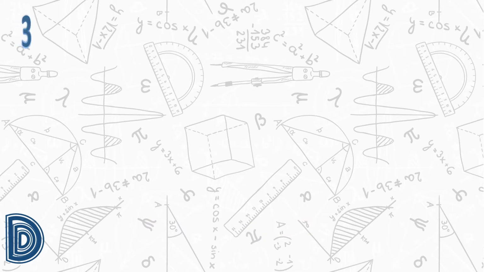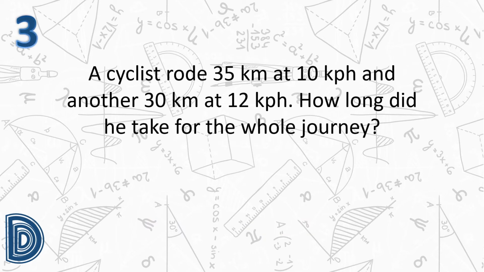Question number 3. A cyclist rode 35 kilometers at 10 kilometers per hour and another 30 kilometers at 12 kilometers per hour. How long did he take for the whole journey? Again, a cyclist rode 35 kilometers at 10 kilometers per hour and another 30 kilometers at 12 kilometers per hour.